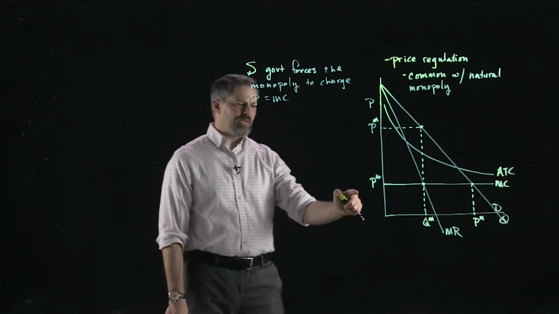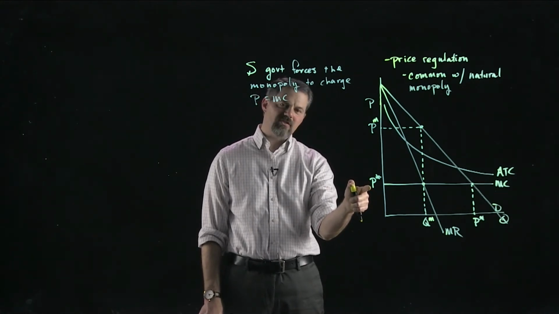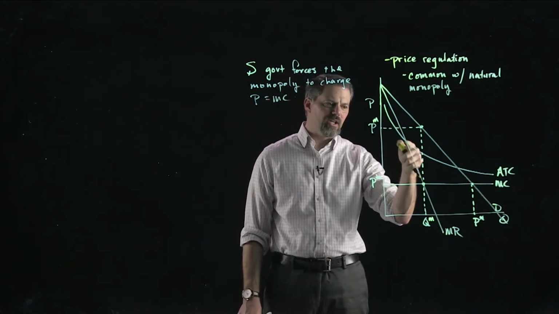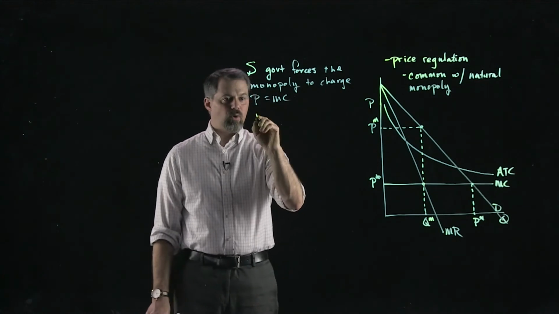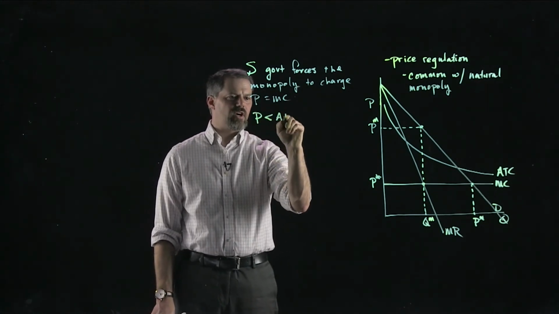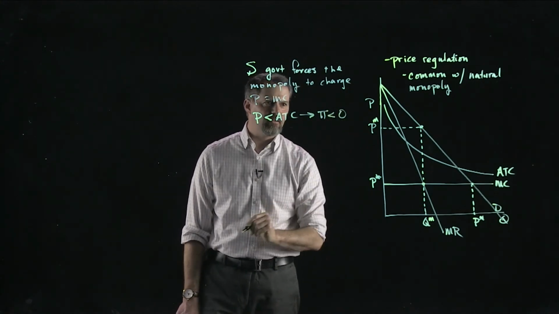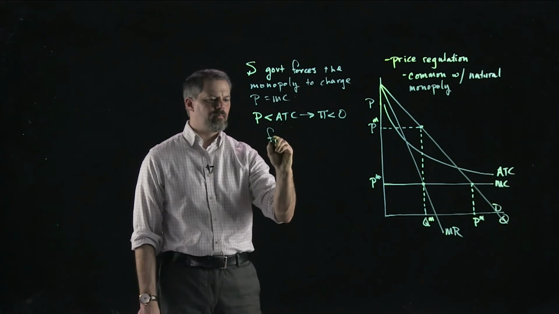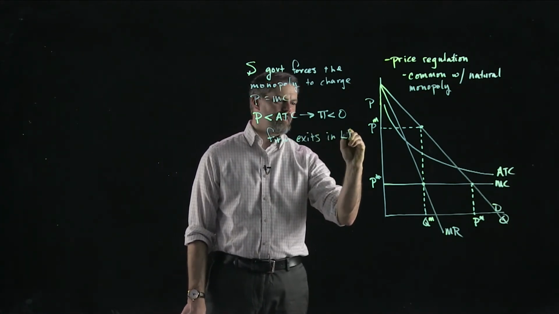If the monopoly is regulated to charge a price equal to marginal cost, then notice that its price at every quantity is going to be below its average total cost. And so price is less than average total cost in that case, which means that profit is less than zero, which means this firm will exit in the long run. Firm exits. Let's say in the long run.